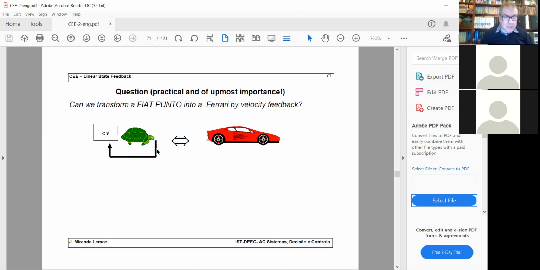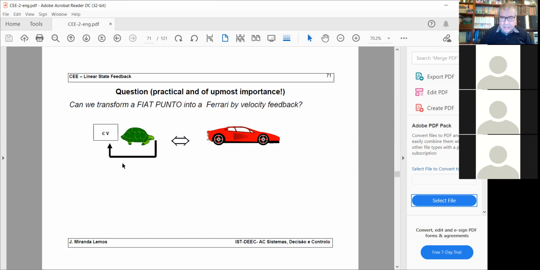You measure the velocity and the state of the velocity model, and you feed it back. Then you ask, what should my poles be, very small or very big? If you want a very fast car, how should the poles be, close to the origin or away from the origin? Away. The farther away, the faster the car will respond.